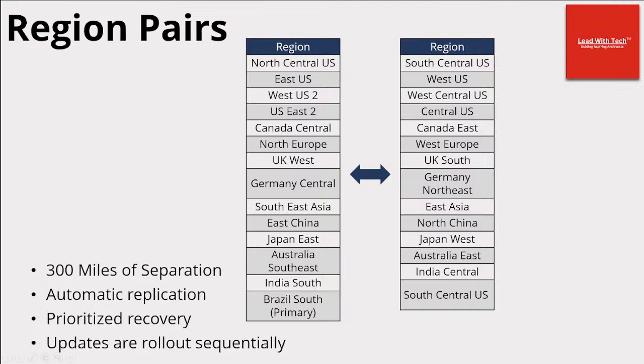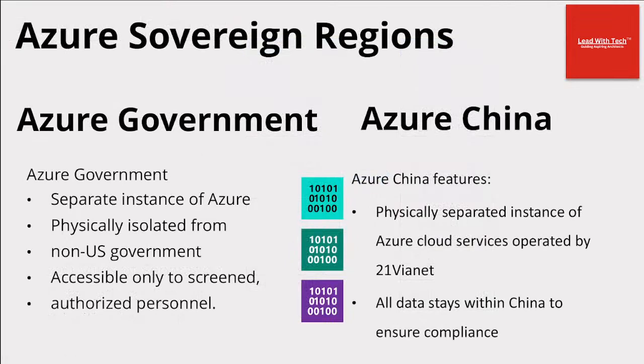So now with these availability zones and region pairs, one key point to know is that some of the regions are sovereign, like Azure Government and Azure China.